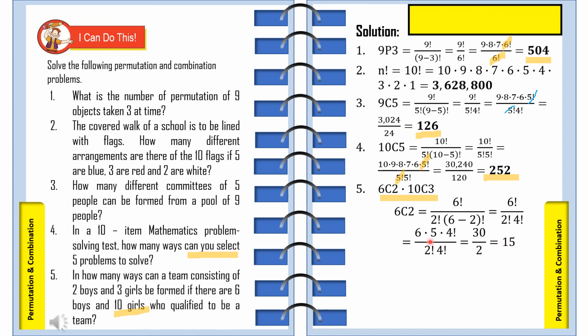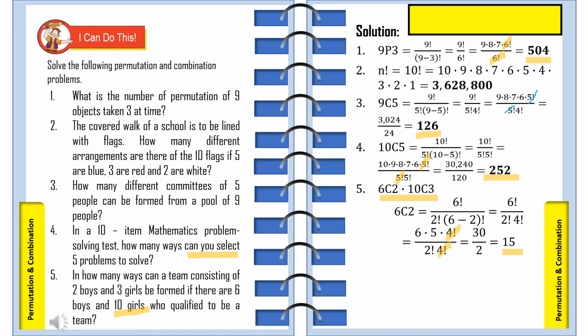And then, you have 6 times 5 times 4 factorial. So, nag-stop tayo kay 4 factorial kasi may 4 factorial tayo sa denominator, para mas madali ating computation. Ayan. So, matitira na lang dyan is yung 6 times 5. That's 30. And then 2 factorial is 2. So, 30 divided by 2, that is 15. So, again, hindi pa yan yung ating final answer ha. Kasi yan pa lang yung sagot natin sa first combination natin.